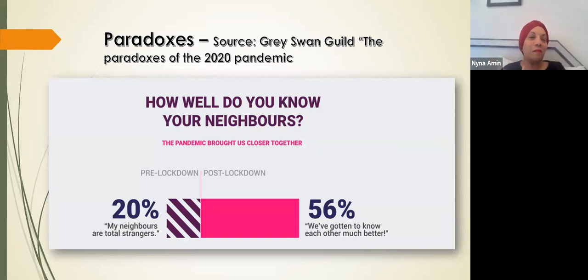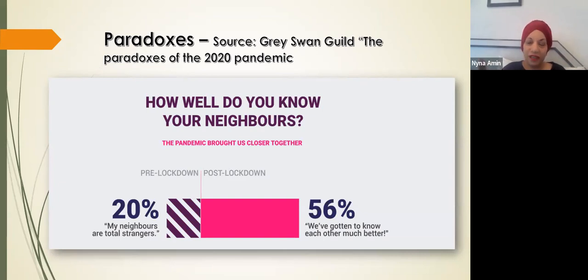And then, of course, there are paradoxes. I came across this very interesting article, and that is why I put down the source, the Grey Swan Guild, and the paradoxes of the 2020 pandemic. And I just picked out the one about the pandemic. And one of the findings was that the pandemic brought us closer together.